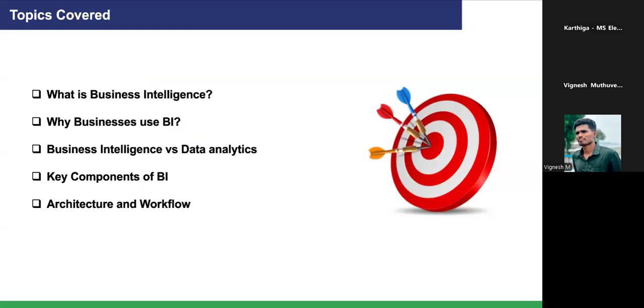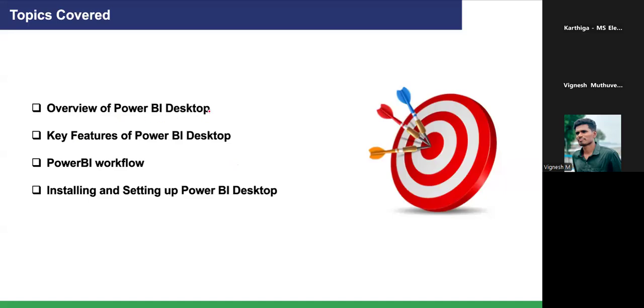Then we will move on to what is business intelligence, and how companies use business intelligence on a daily basis. Then the difference between business intelligence and data analytics, key components of business intelligence, and the architecture and workflow of business intelligence. Then we will have an overview of the Power BI Desktop version.